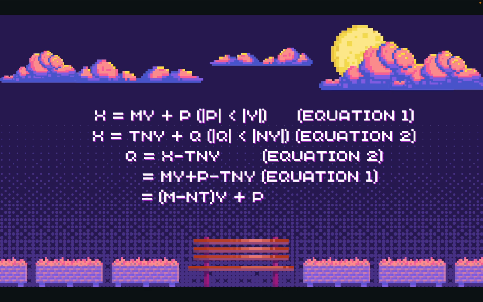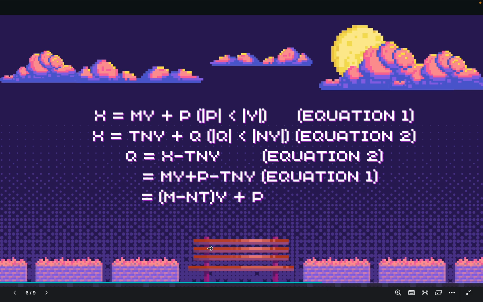We first rearranged equation 2 and made it q is equal to x minus nty. Then we know the value of x from the first equation, so we put that in equation 2. We tweaked, and now we have my plus p minus nty is equal to q, and we did a little bit of math here and we got this.